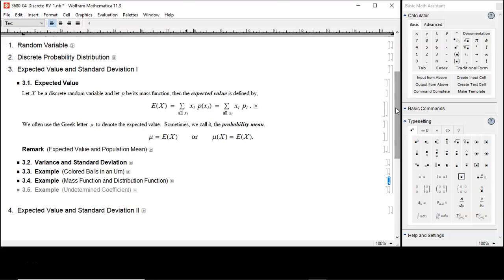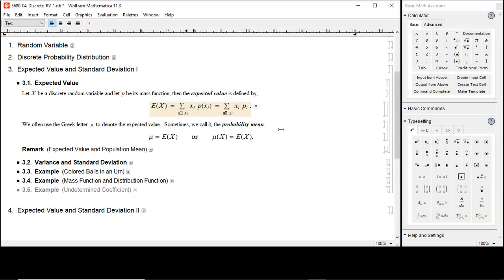Alright, one further comment about expected value. Many people call it probability mean and use Greek letter mu for expected value. In fact, when you specify the random variable, then we use this capital E of x most of the time.